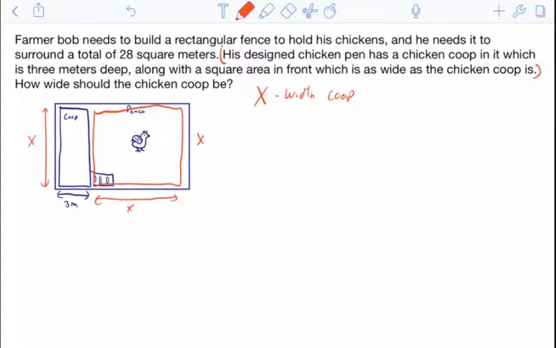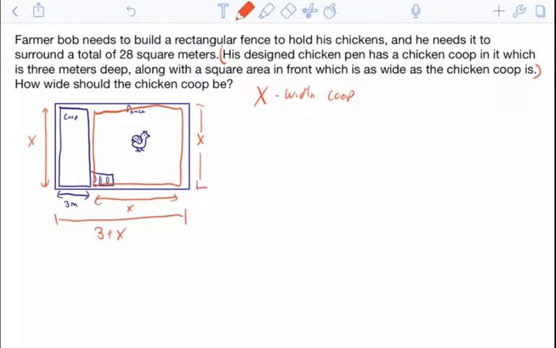Now I go to the relationship. I want to build a model of this. It needs to be a total of 28 square meters. How do we talk about that? Well, that's going to be the width here, which is 3 plus x, times the height, which is x.